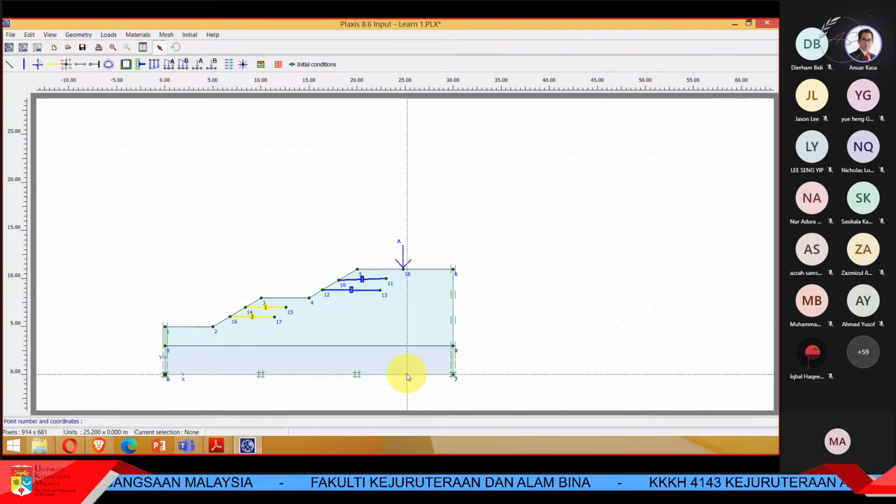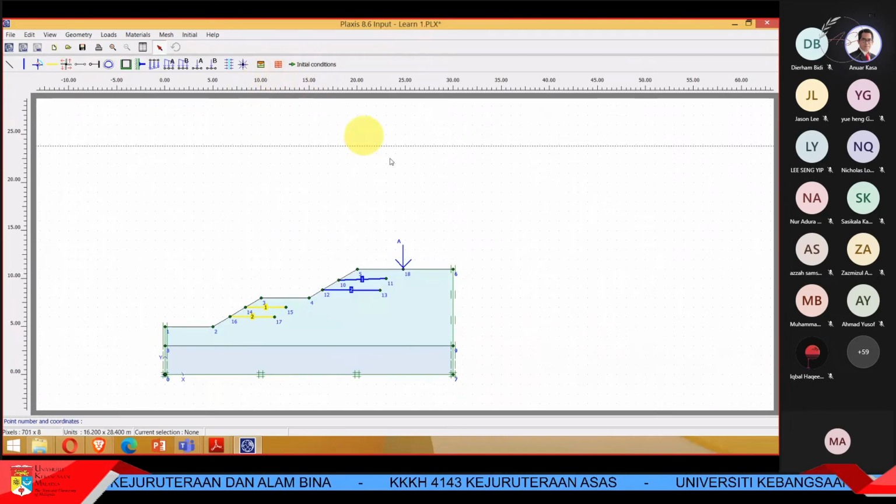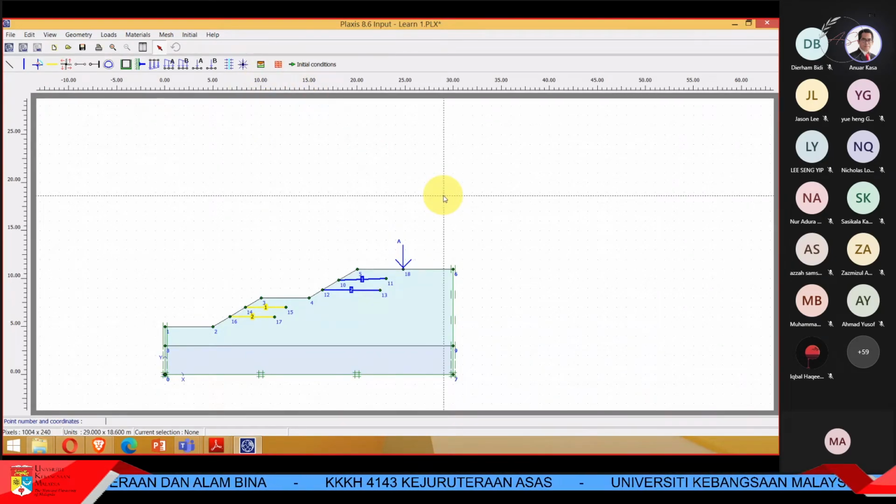So that is one way to check. It's a simple one. Even for pore water pressure, it will show you. It is good if you check. Otherwise, we don't know. It could be garbage in, garbage out.